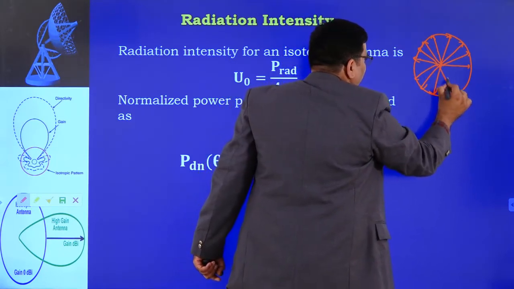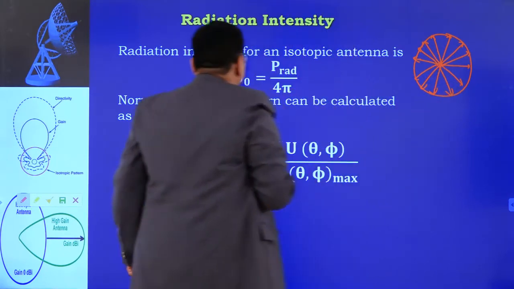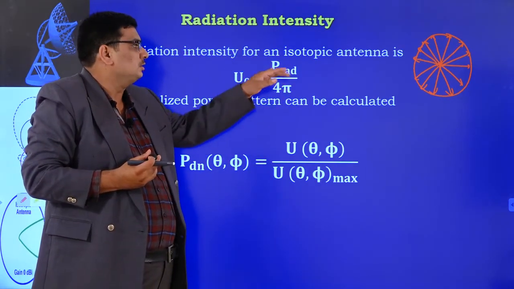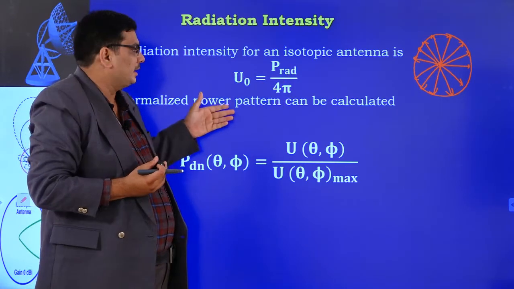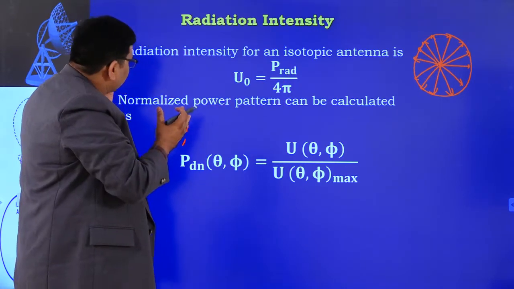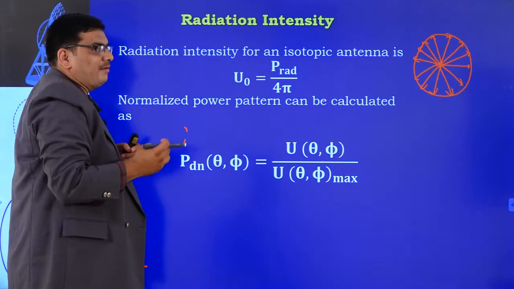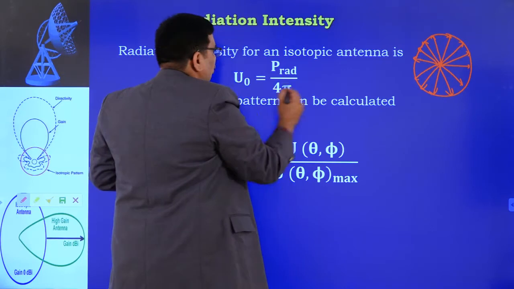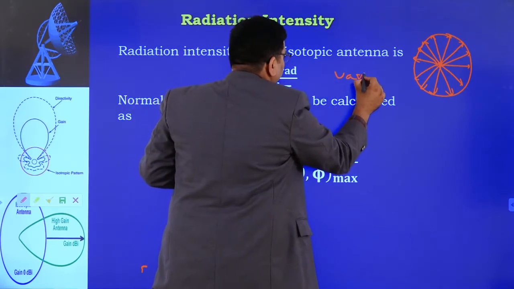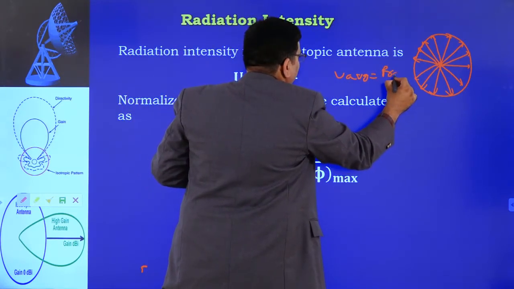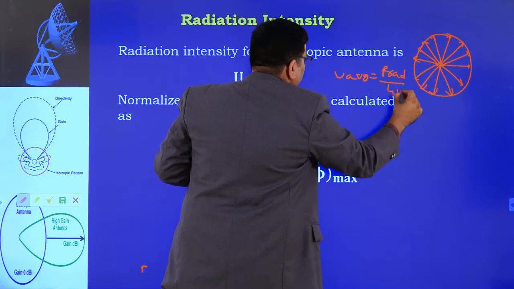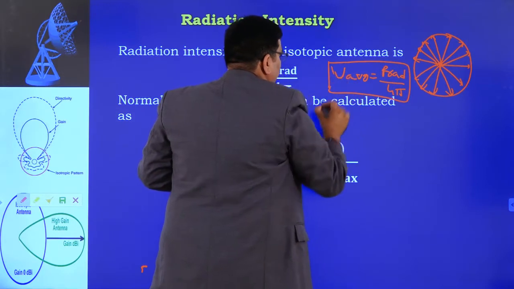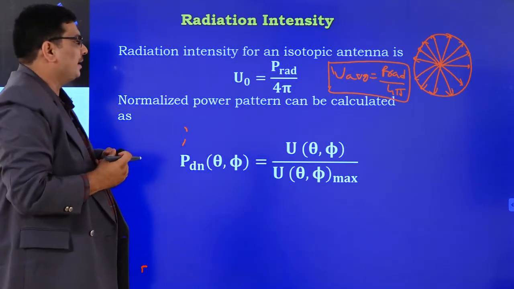The total sphere solid angle is 4 pi, so the radiation intensity of an isotropic antenna is equal to P rad by 4 pi. Expressed as average radiation intensity, U average is equal to P rad by 4 pi.